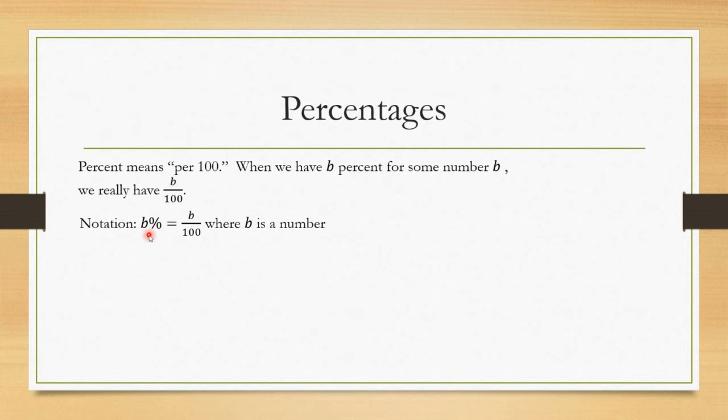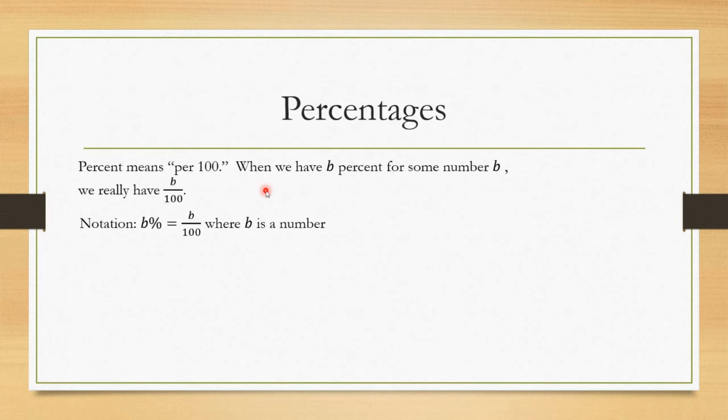B percent is really the same as B divided by 100, where again, B is just a number.